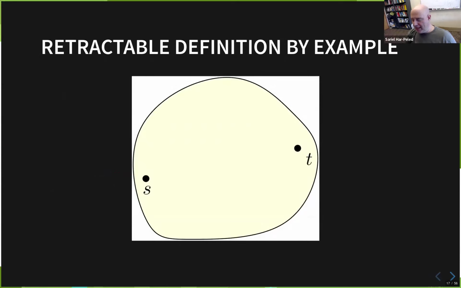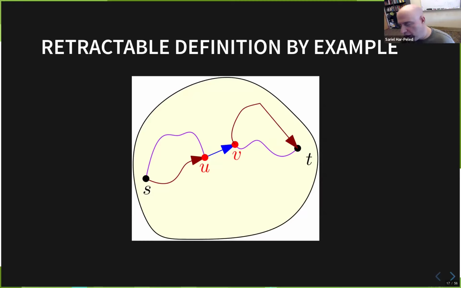You have the vertices S and T. Assume that you have a directed graph. All the edges have unique weights to keep things simple. You find the bottleneck shortest path, right? So UV is the edge that is the bottleneck. And now what you do, you recursively compute the retractable path from S to U, and then you compute the retractable shortest path from V to T, and then you put it together, and this is the retractable path.